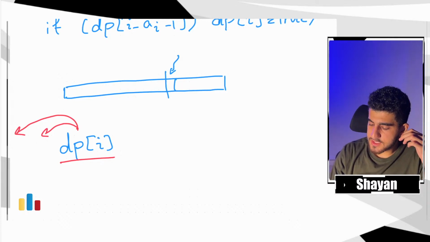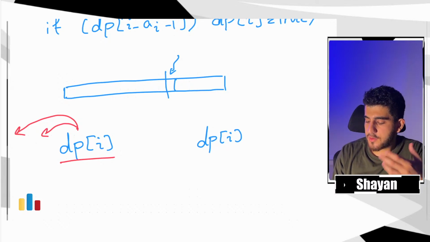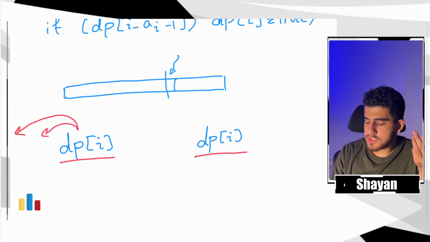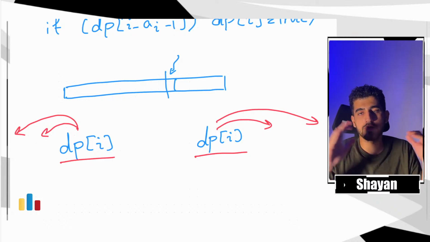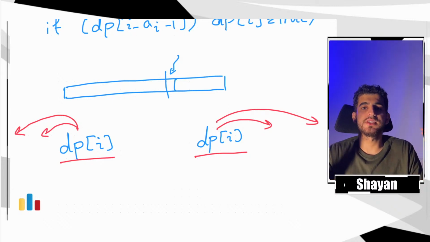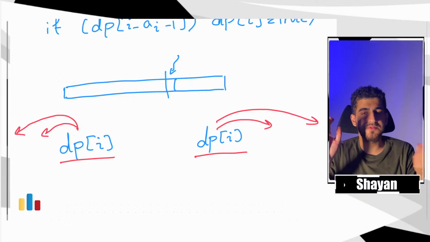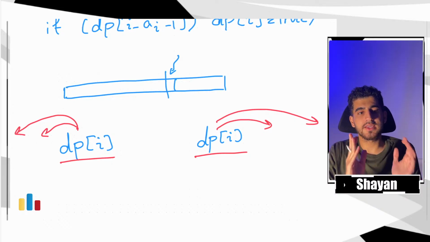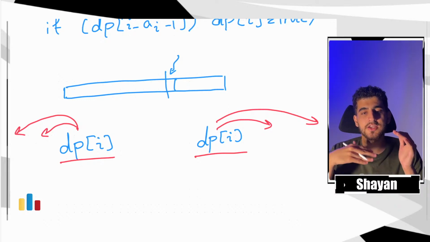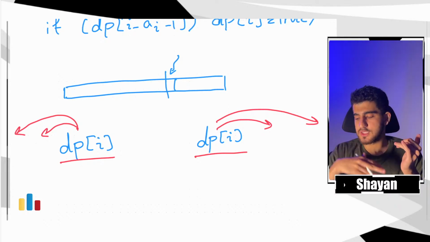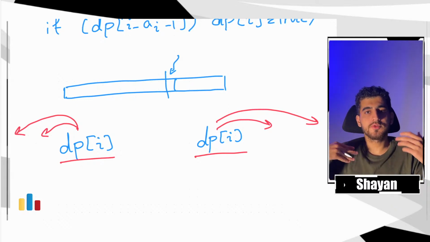When I get to I, I presume that I already know dp of I, and I will use dp of I to update the next dp's. These are two different ways to calculate dp's. Either when I get to some index, I update it using the previous indices, or when I get to some index, I presume that I know this one, and I try to update the next ones using it. I can sometimes use both of the approaches at the same time.